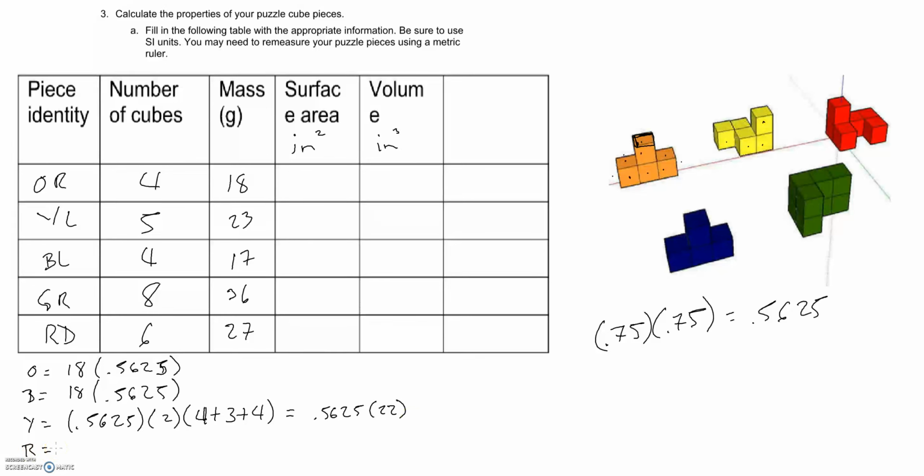Alright, my red piece. I just have to go through and count the squares. There's 1, 2, 3, 4: 4 on the front, 4 on the back. So that's 8. From this side there's 1, 2, 3, 4 facing this way, and 4 on the other, so 8.